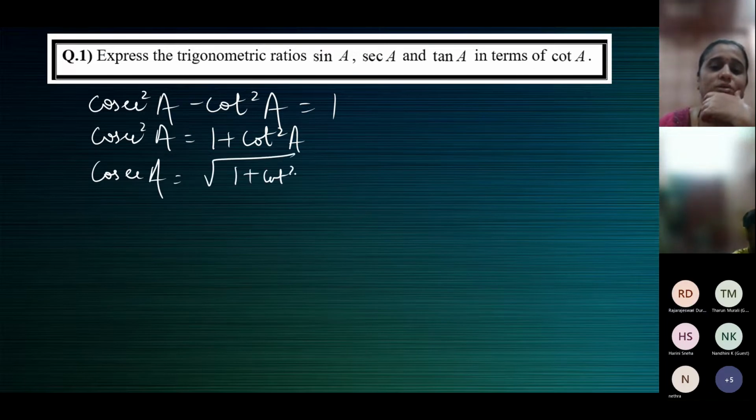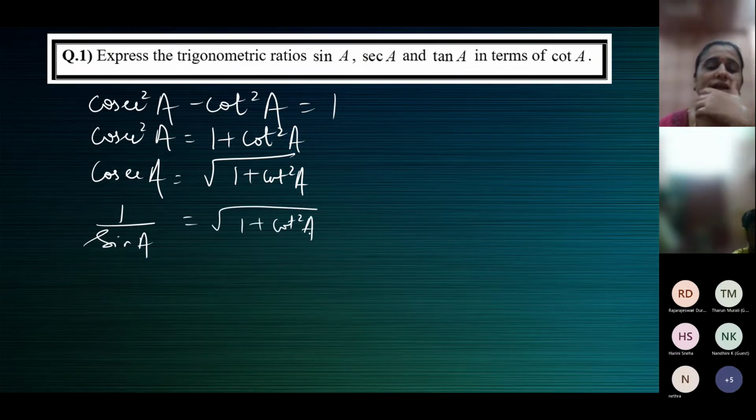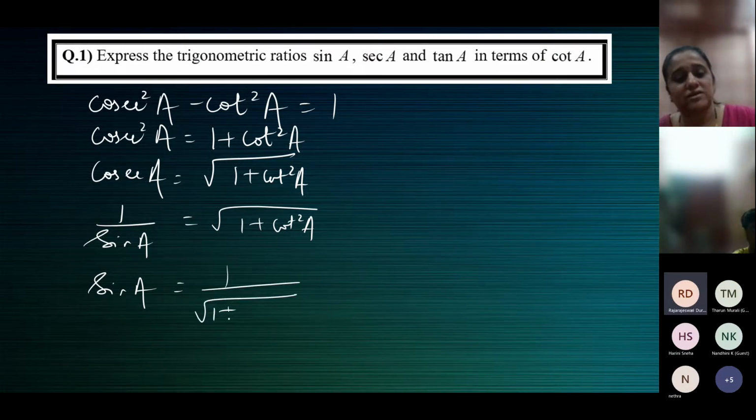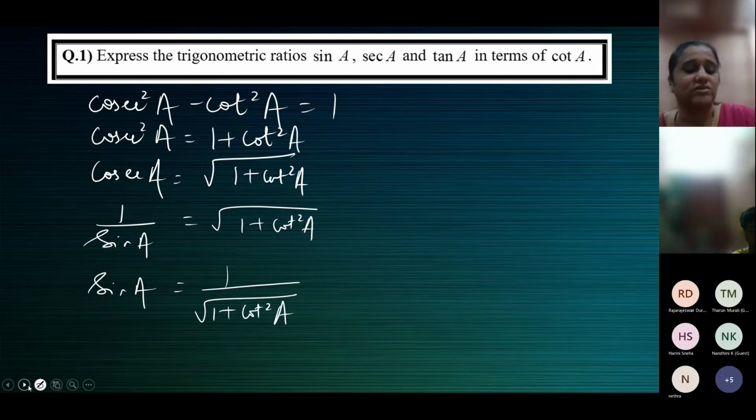Now what is cosecant A? 1 by sin A. Very good. 1 by sin A is equal to root of 1 plus cot square A. Now take reciprocals on both the sides. What is sin A then? 1 by square root of 1 plus cot square. That's it. Thank you so much. You came to my rescue. Thank you, Rajeshwari.